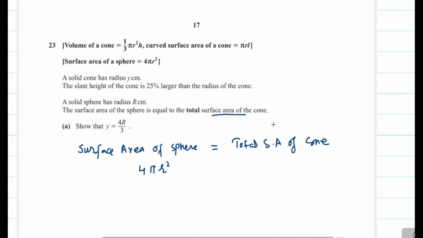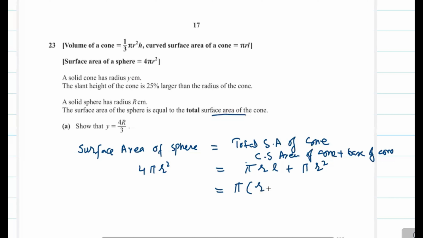Now the total surface area of cone will be equal to curved surface area of cone plus base of cone, because this is the solid cone. Now the surface area of cone is pi RL plus pi R square. Now we put the value here. We take pi as a common. We get RL plus R square.